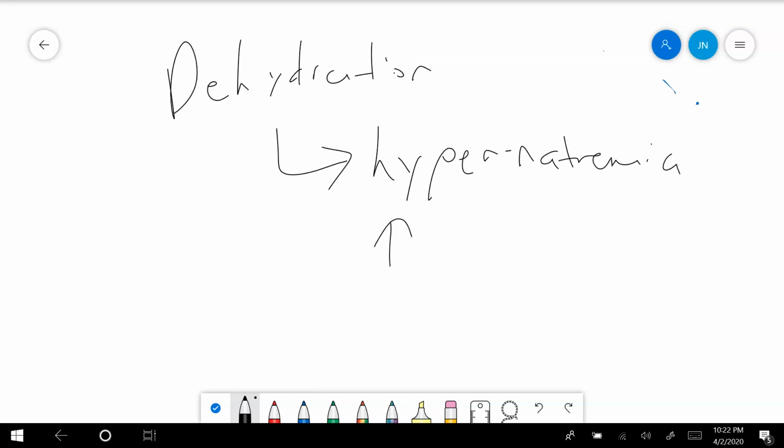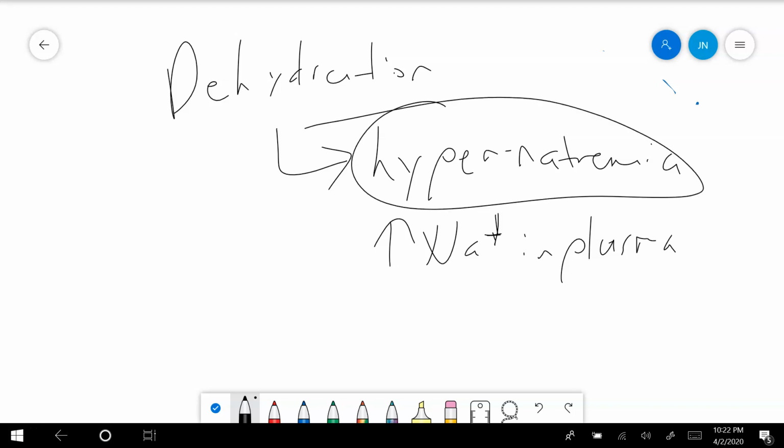That's too much sodium in plasma. So now, again, the plasma is an extracellular fluid, so water is going to leave the cells and go out to where that higher concentration is. Dehydration is your major cause of hypernatremia. It's rare that you see hypernatremia outside of dehydration.